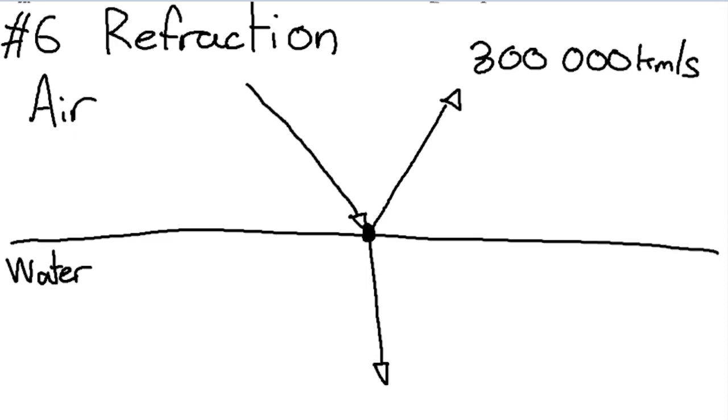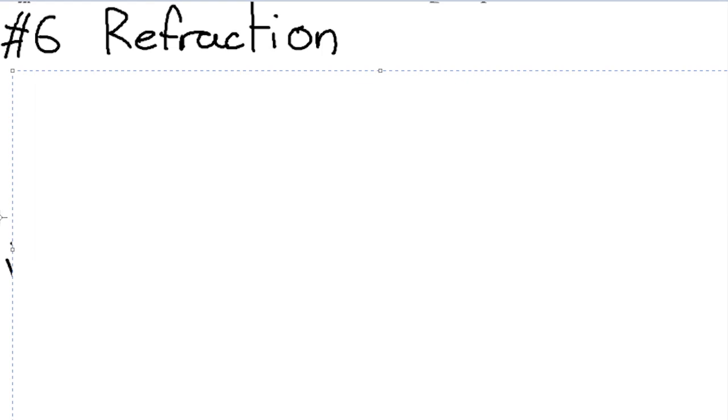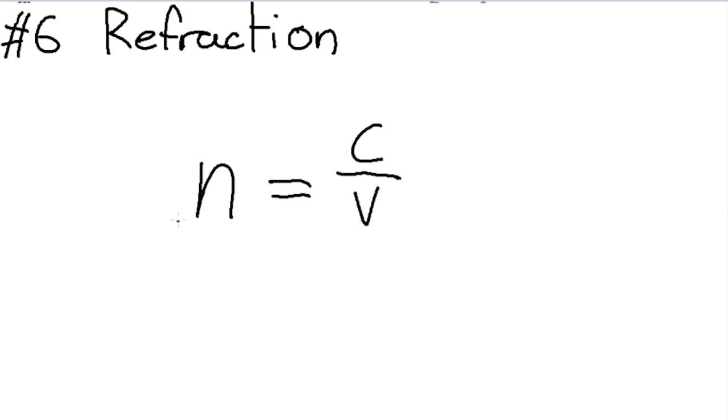There's a formula to calculate the speed of light in certain environments, and this formula is n equals c divided by v. n is the index of refraction, c is the speed of light, and v is the new speed.